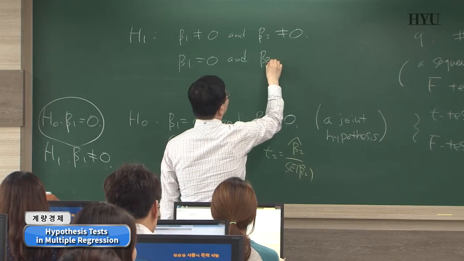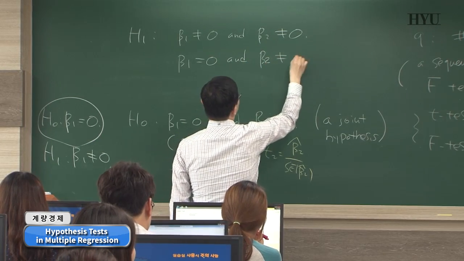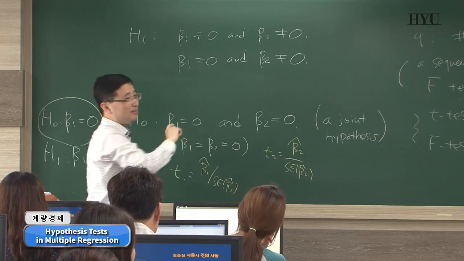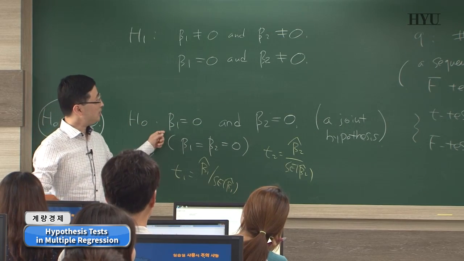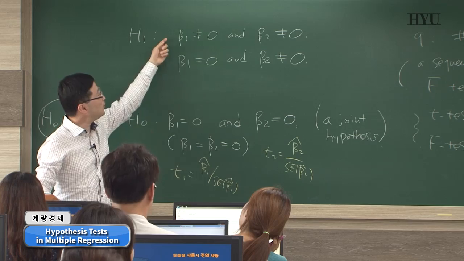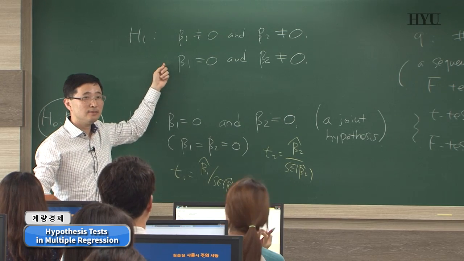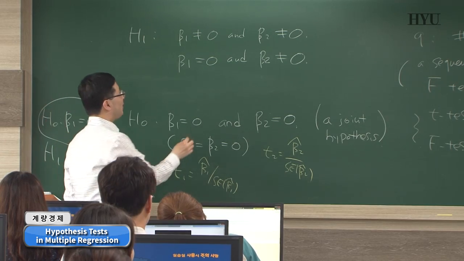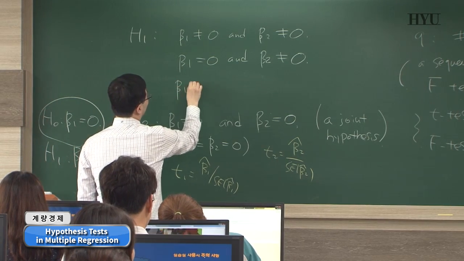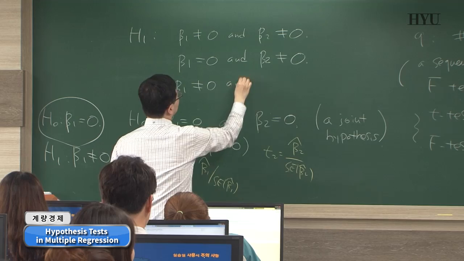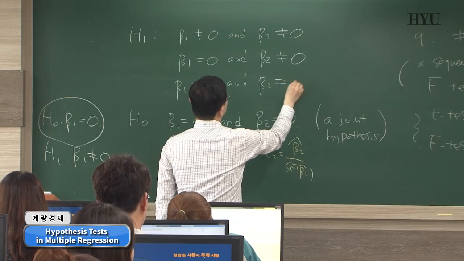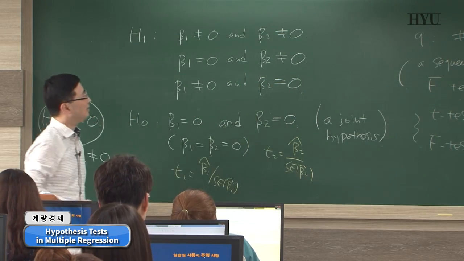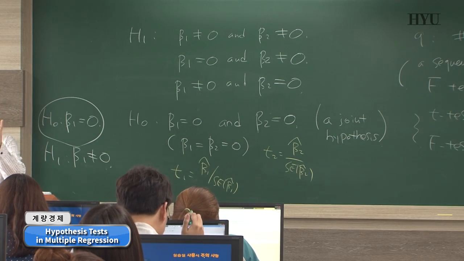What happened to beta 2? If you reject this, does it mean that it's one of these two cases? No, right? There's even more. So what is out there? Beta 1. So we have at least 3 different possibilities.